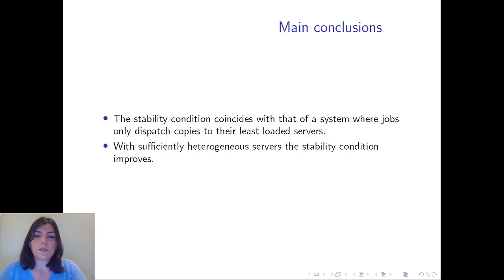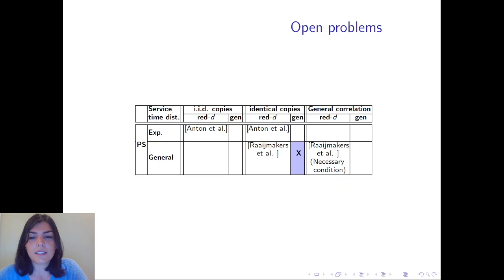So in the end, what we have done is to characterize the stability condition for the general redundancy model topology with identical copies and generally distributed copies. So the table of the stability conditions under processor sharing is going to be like this.